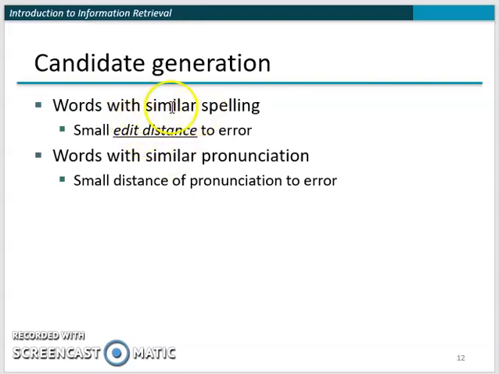We can find them using edit distance. And secondly, we can use pronunciation. The words which have similar pronunciation to this spelling error could be the answer. But for this example, and in this lecture, we'll only generate candidates using edit distance.